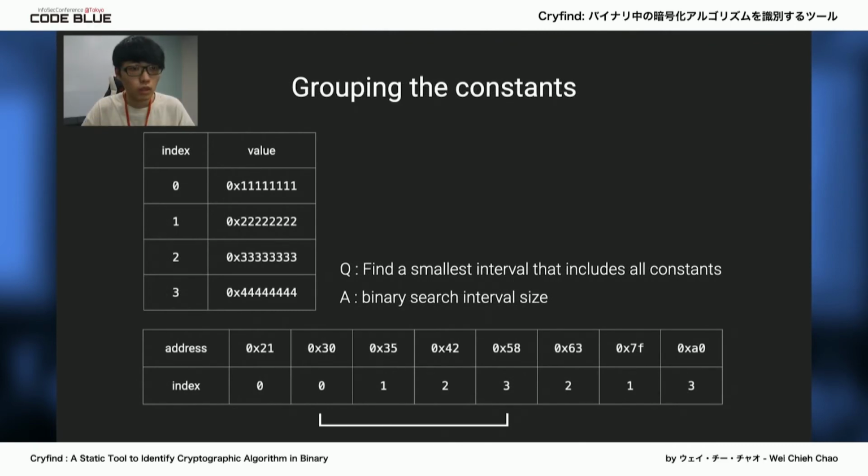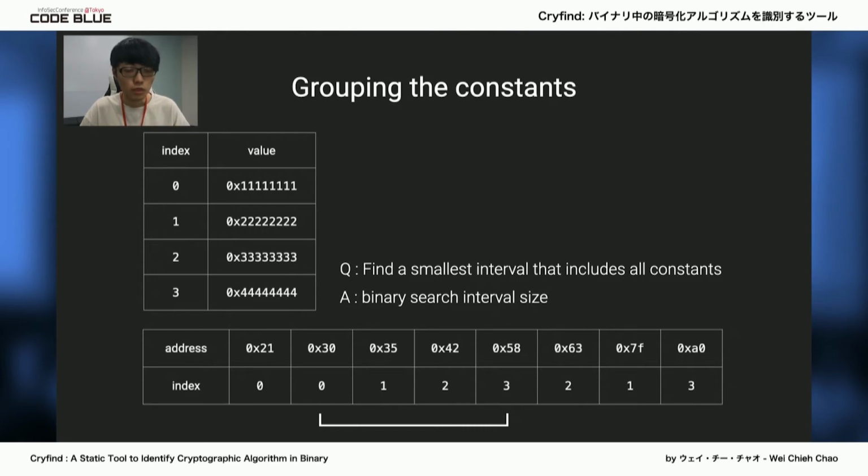So how do we pick the correct group of constants? At the beginning, we only have the addresses where the constants appear, and we want to find the smallest interval that includes all constants. Given an interval size, we can easily scan the addresses to check if it includes all constants. So we can do a binary search on the interval size, and then we are done.